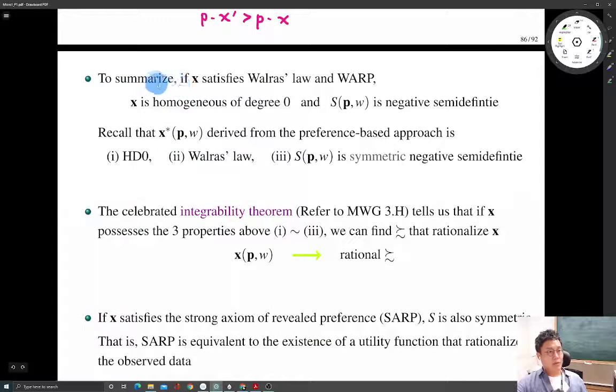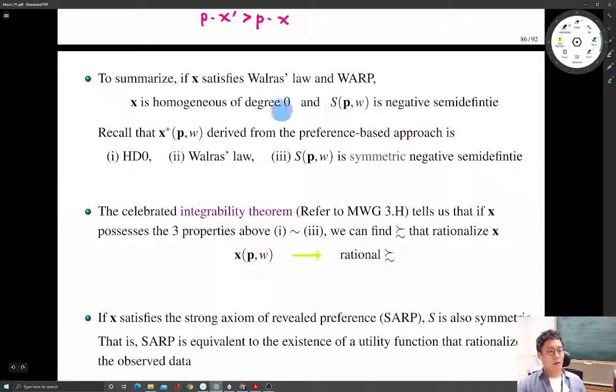So to summarize our discussion, we have just shown that if the choice function satisfies Walras' law and the WARP, we can show that the choice function is homogeneous of degree 0, and the Slutsky matrix is negative semi-definite. So the choice function satisfies these two properties.